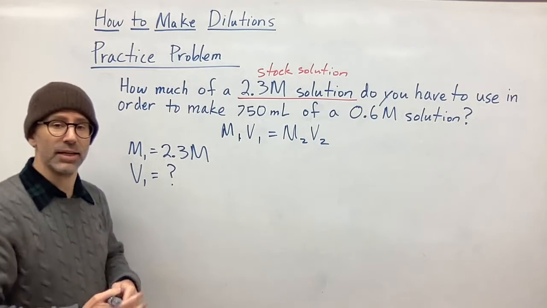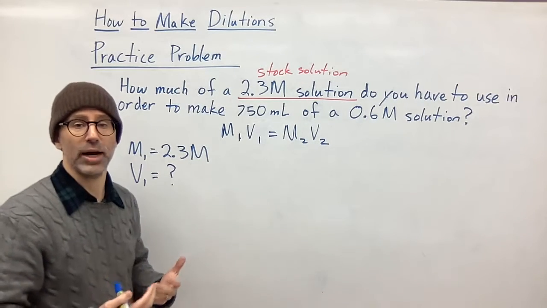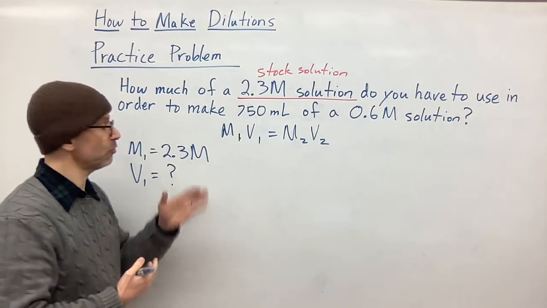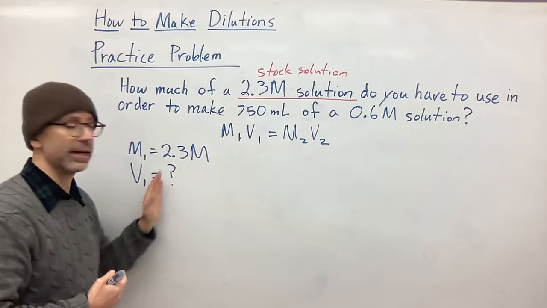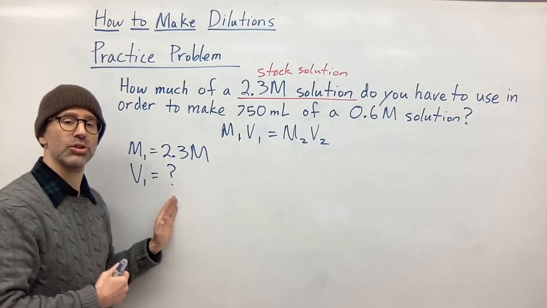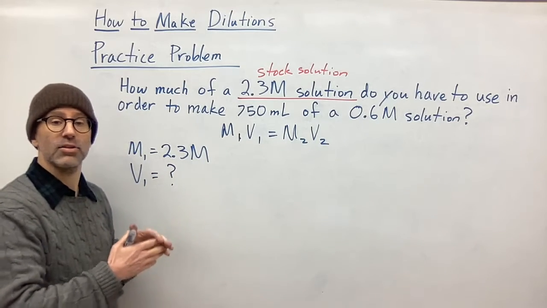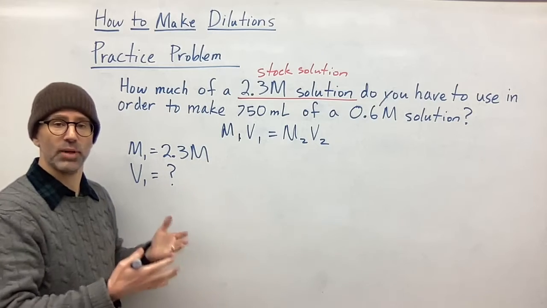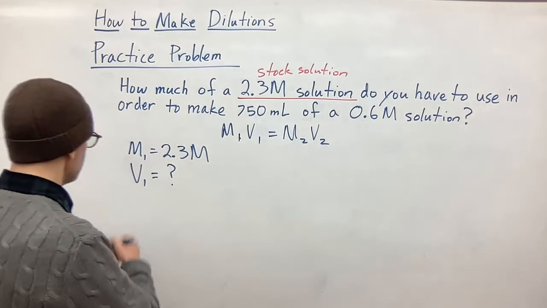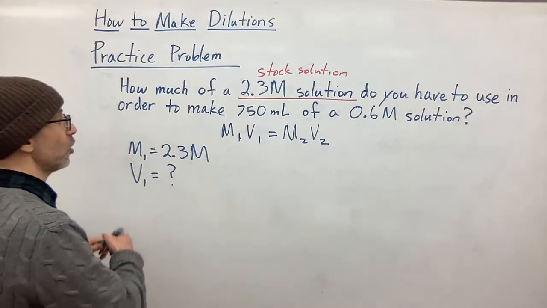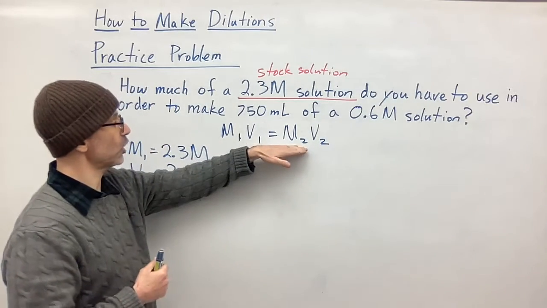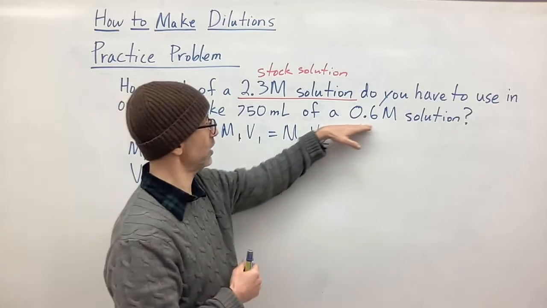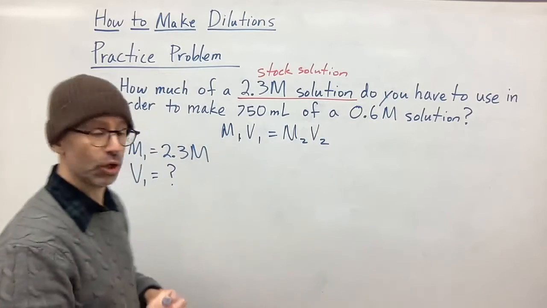And in reality, this is what you would do in a lab, right? I would use M1V1 equals M2V2 to calculate the amount of my stock solution that I need in order to dilute to the volume that I want. So I need to calculate that. What I need is my M2V2. So what's my target molarity? Well, my target molarity is 0.6 molar.